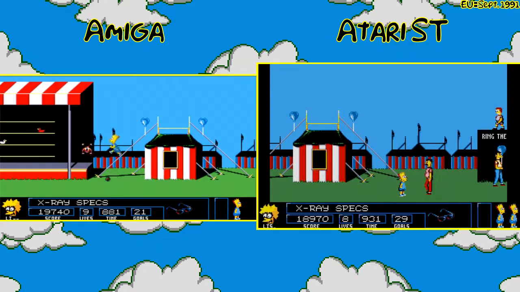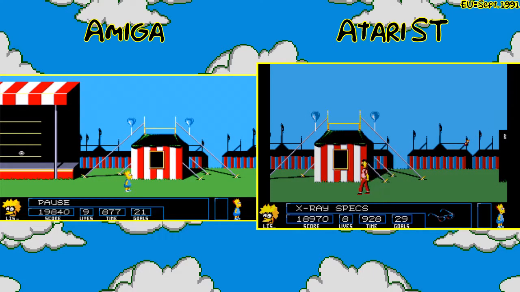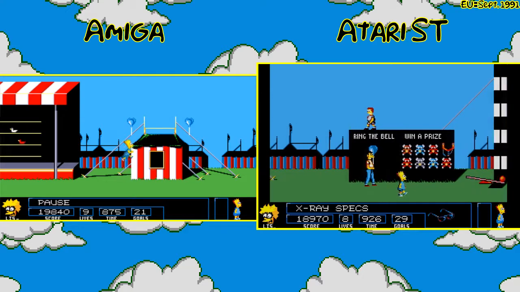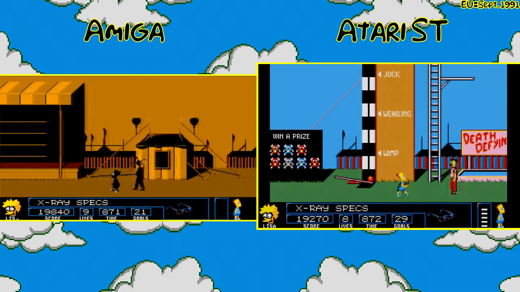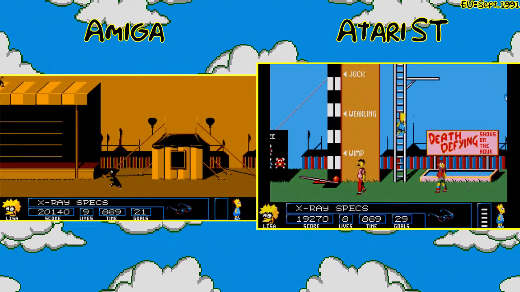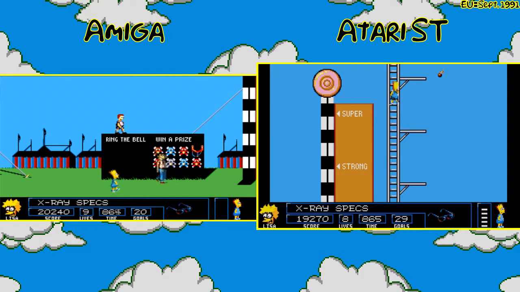So moving on forward, you can actually go up the ladder. You can tell because the weight thing is down at the bottom. So if you pay attention to the Amiga one, it does not have the weight down at the bottom, and it has this really horrible animation of Bart going up the ladder. Don't really know what's going on with that.